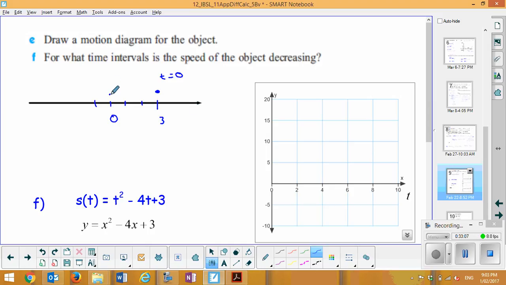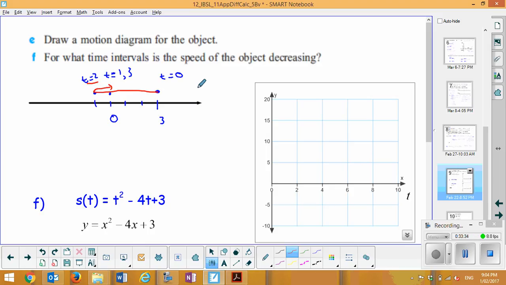So it's here at time equal to 1 and 3, and it's here at time equal to 2. So our point is starting here, going down through the origin, stopping, turning around, and then coming back.